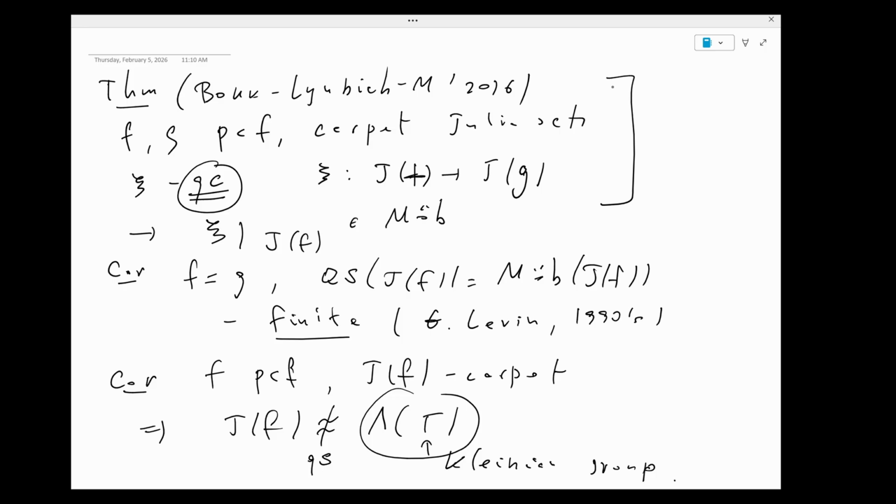The only chance to be quasi-symmetric is if the limit set of gamma would also have to be a Sierpinski carpet. In that case, the group is infinite, and the quasi-symmetry group would be invariant. So this one, J of F, has a finite quasi-symmetry group, and this has an infinite one. Thank you. Okay.